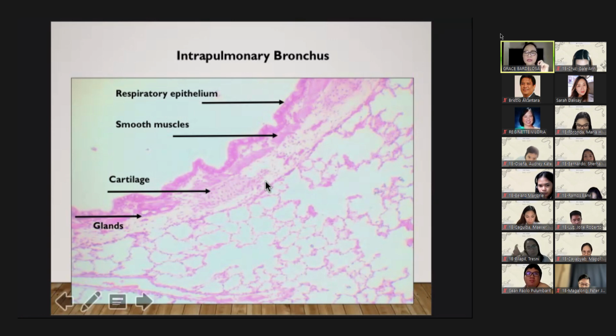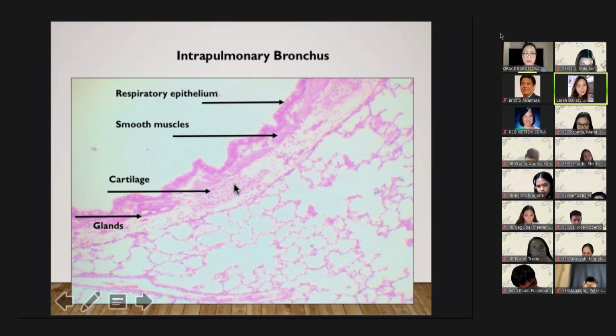Now, in the submucosa, we can see here glands, and of course, these broken plates of hyaline cartilage. Possible questions will be to identify specific structures. These are the broken plates of hyaline cartilage. It could also be a specific subtype of tissue, hyaline cartilage. Subtype of cartilage.